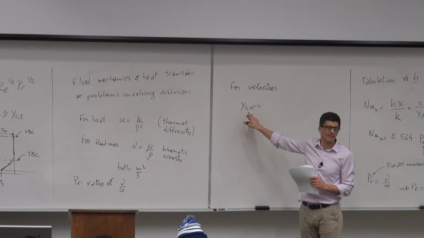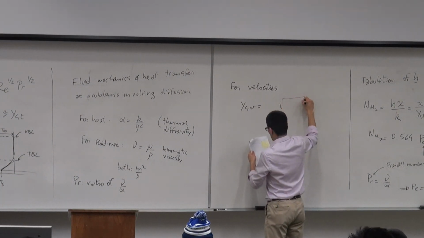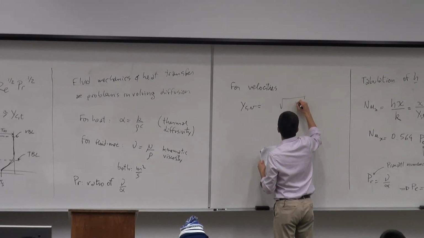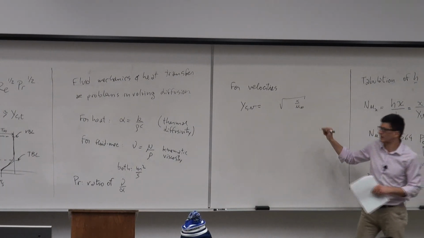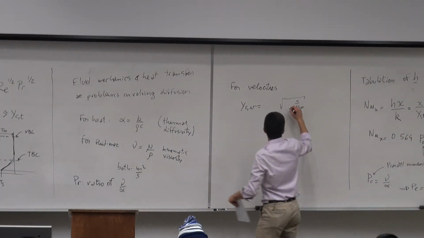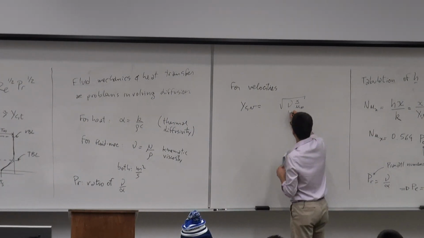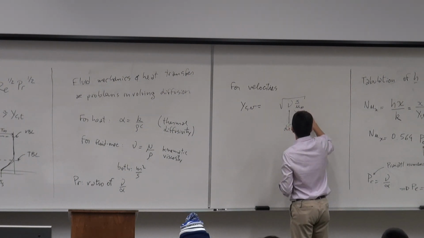This is the viscous boundary layer, equals something that is a square root of, instead of alpha t, the time we said was x over u infinity. Right? That's what we said time. And now instead of being alpha, it's going to be nu. You follow this? This is a diffusivity. And this is time.